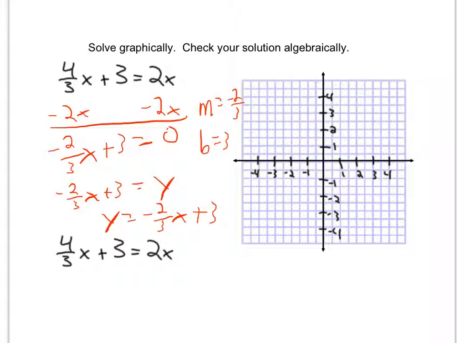Let's go ahead and plot our y-intercept. And now we'll graph this. We'll go down 2 and over 3. Pay attention to my scale here that I have. Okay, so we're going down 2, which will put us here, and over 3 will put us way over here.